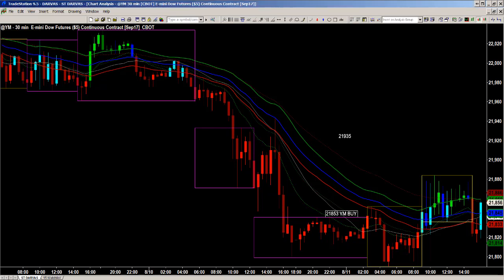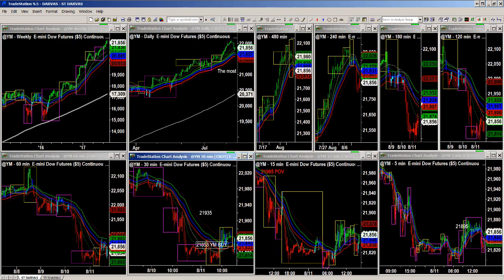It's half the position because we basically took the 21,853 buy. I took that just for a quick jaunt to 21,880, and I'm going to take the remainder of it long into the weekend. One of the things I like about being a little bit more conservative is that more levels will trigger. There's more reason than just a moving average break.